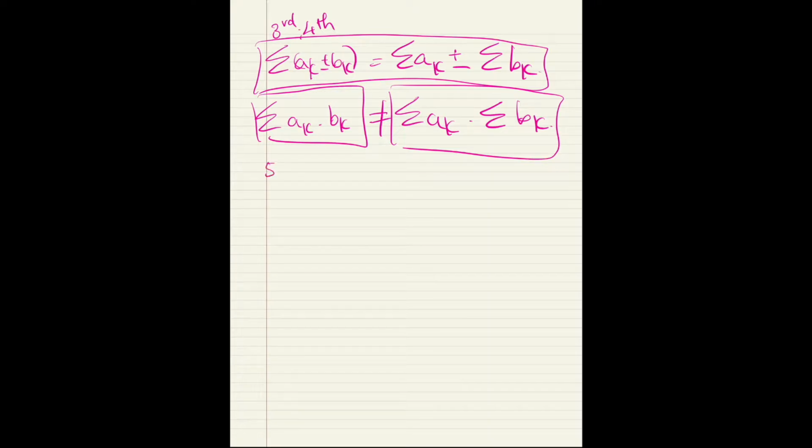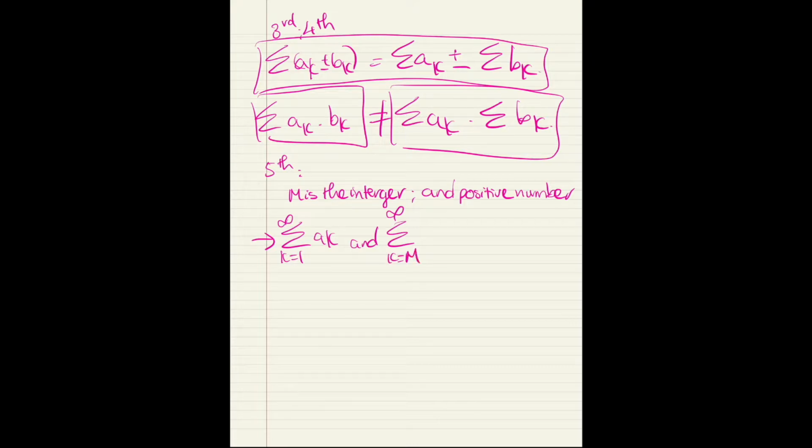Okay. For the fifth property, if m is a positive integer, then the series from k equal 1 to infinity of ak and the series from k equal m of ak will either both converge or both diverge.